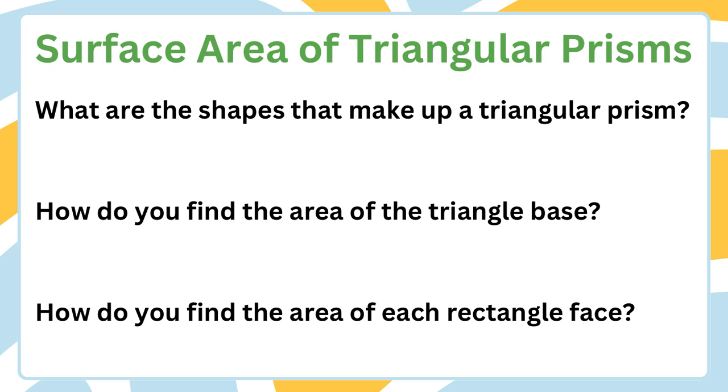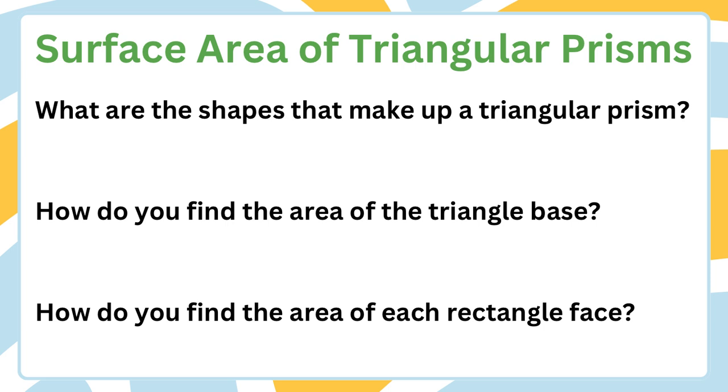Okay. So surface area of the triangular prism. Let's review over this real quick, and then we'll do some practice, and we'll finish up. What shapes make up your triangular prism? 2 primary shapes. Triangles and rectangles. How do you find the area of a triangle?